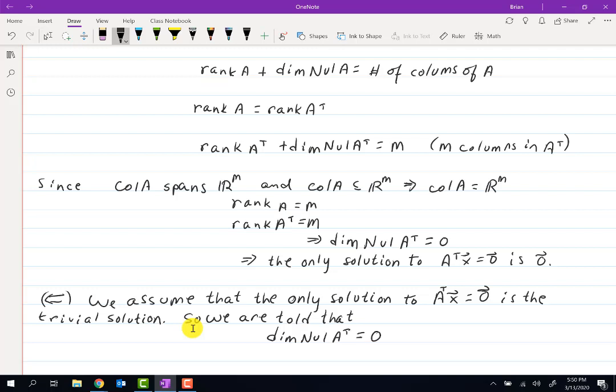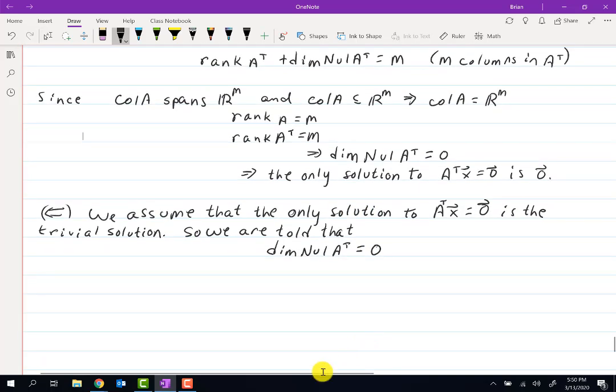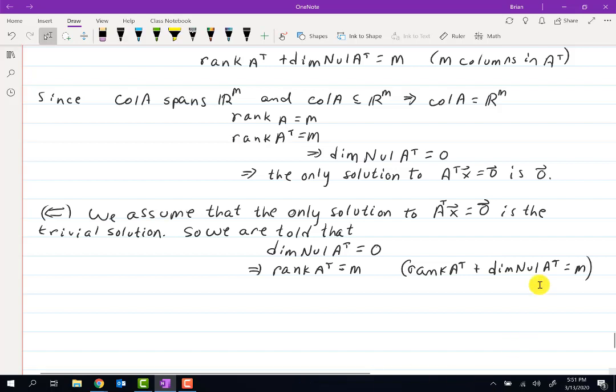But now A itself had m rows, so A^T has m columns. So this implies that the rank of A^T is equal to m, since the rank of A^T plus dim null A^T has to equal m, because that is the number of columns of A^T, which is the number of rows in the original matrix.